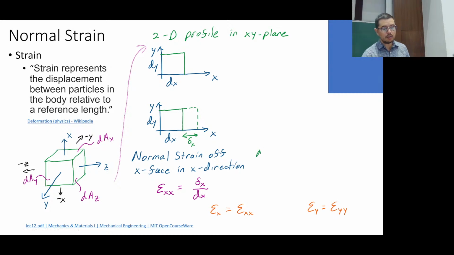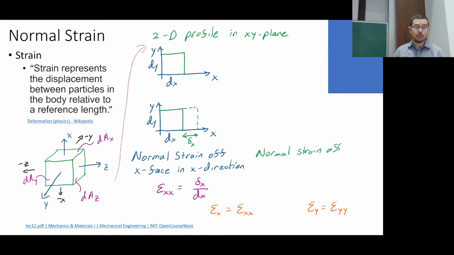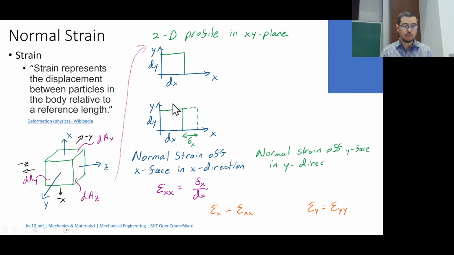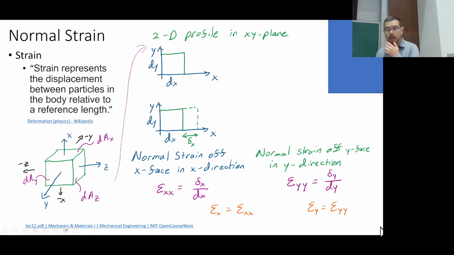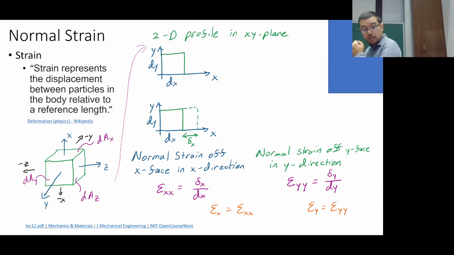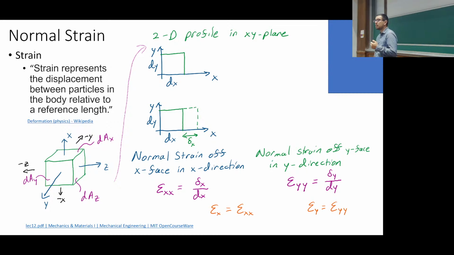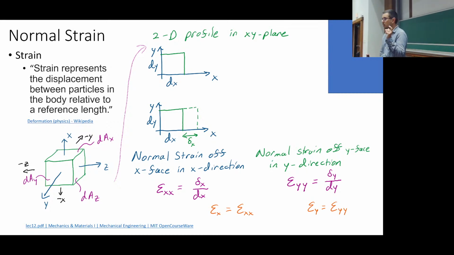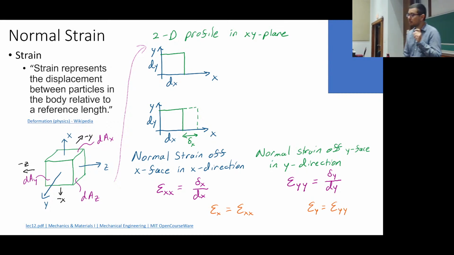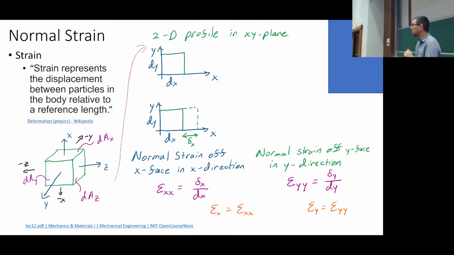And epsilon yy, if there were one, in the vertical direction, would be delta y over dy. And just like the indices we use for stress, the first subscript is the face, the second subscript is the direction.